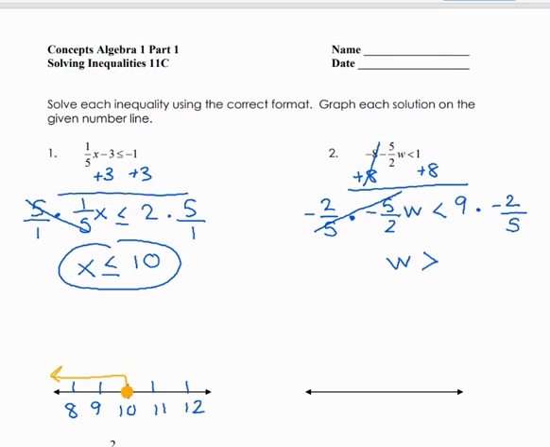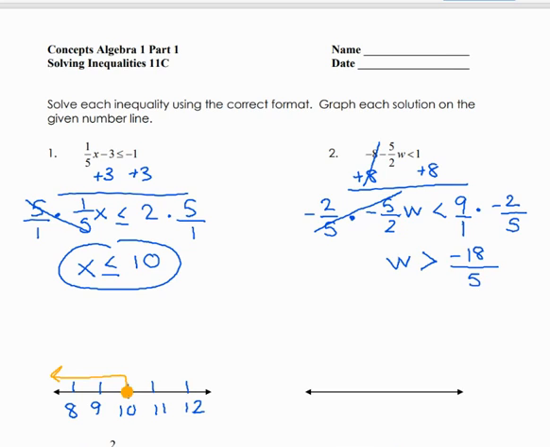Lot to remember. And now we actually multiply on that right-hand side. I would encourage you to write 9 as 9/1. Okay, what's going to happen here? What do we get as my numerator? 9 times -2 is -18. And 1 times 5 is 5.